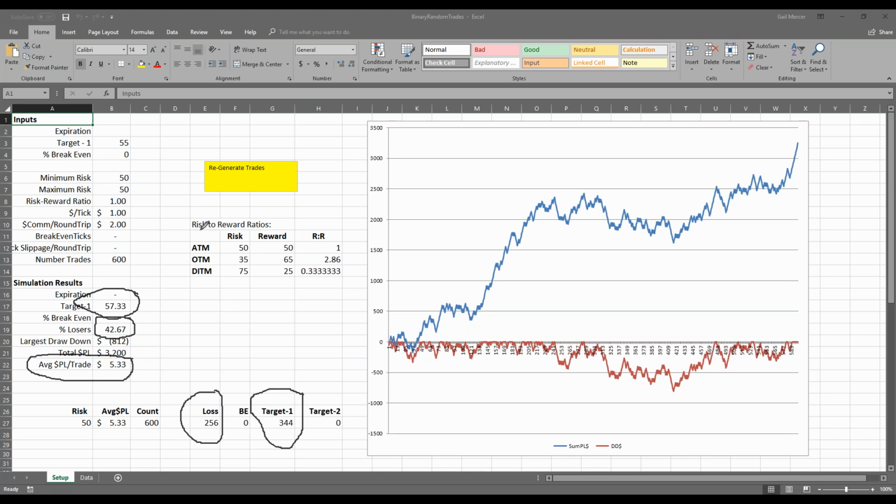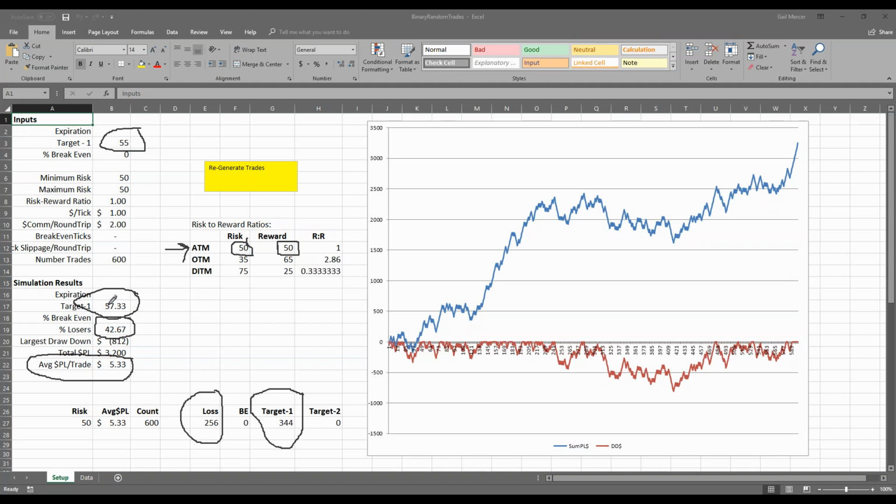So if you're using an at the money, and you're risking $50 to make $50, then you need at least a 55% profitable percentage.